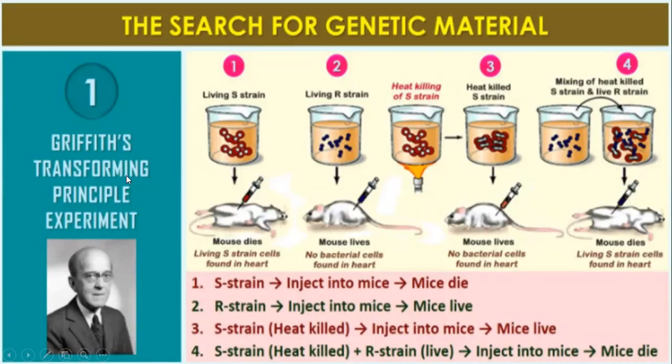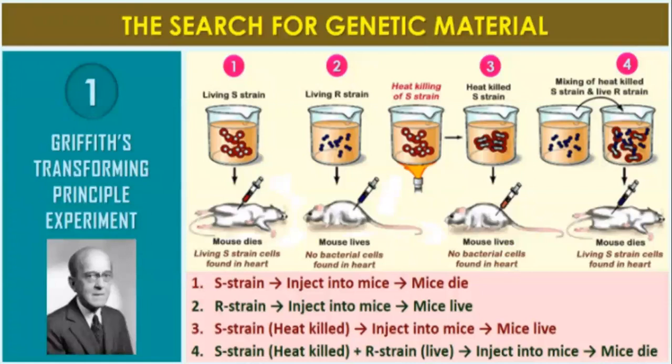In experiment one, as we have discussed, he took an S-strain bacteria and injected it into the mice, and the mice died because they got affected with pneumonia. Living strain cells were found in the heart of the mouse.